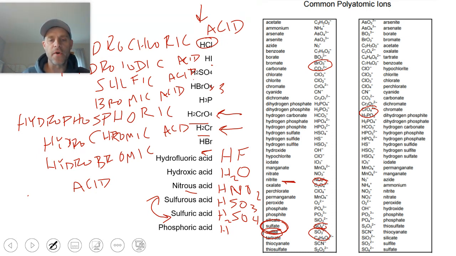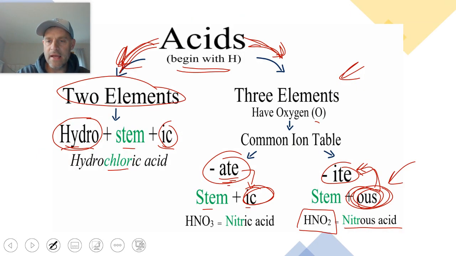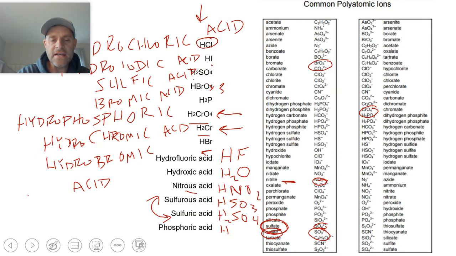Last one, phosphoric acid. Again, ic comes from an ate. What's my root? Phosphorus. So if it's ic, it came from an ate. Here's my phosphate, which becomes phosphoric.